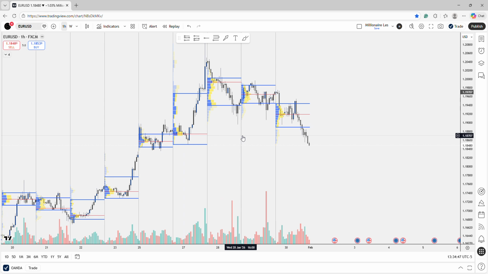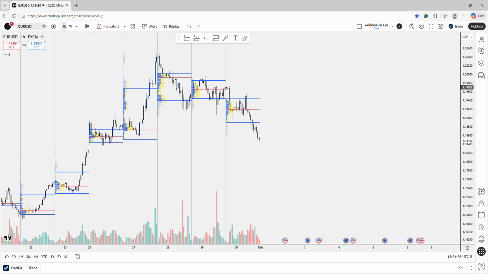Once you understand that, market structure starts to make a lot more sense. So what is a volume profile? The simplest explanation is that volume profile shows you how much volume traded at each price level over a specific range.